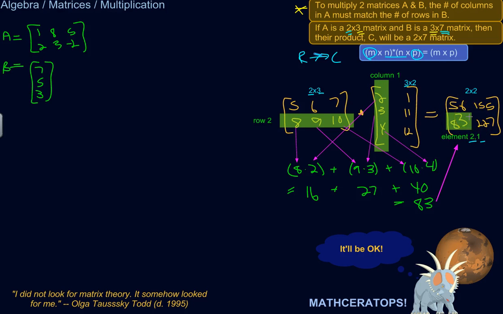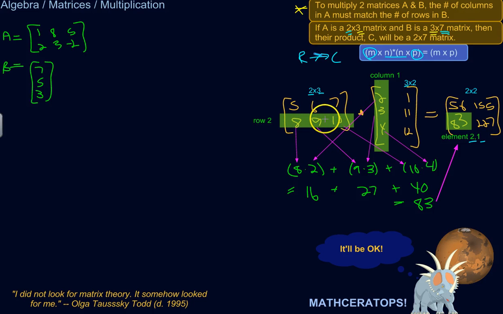Now, what does it mean to multiply a row by a column? That means I multiply each corresponding element and add them together. To multiply this second row by this first column, I multiply the first element in the row by the first element in the column.